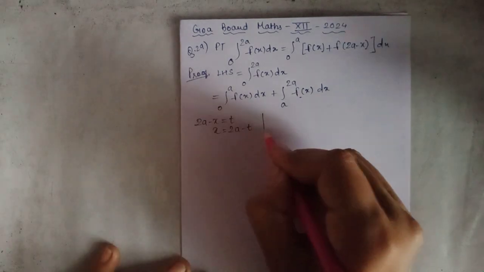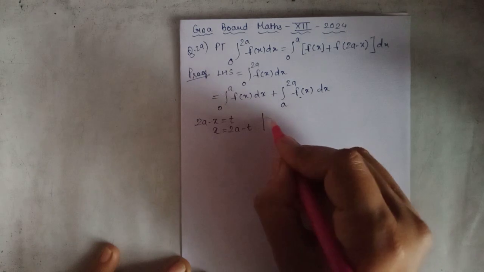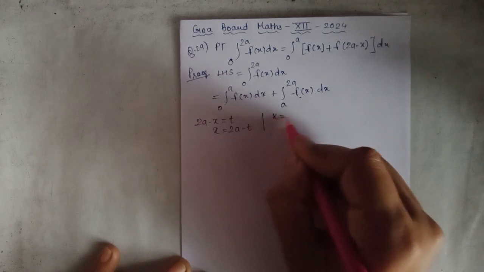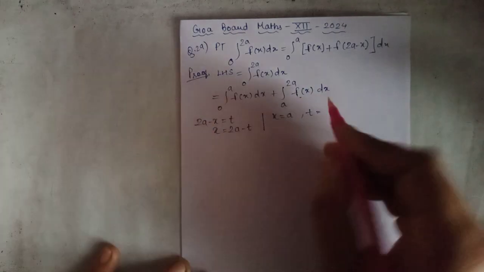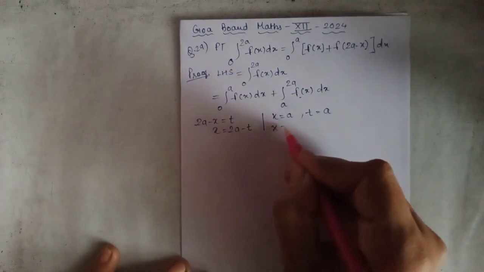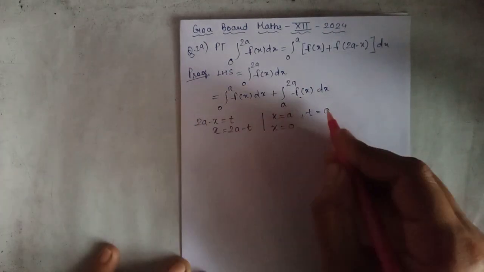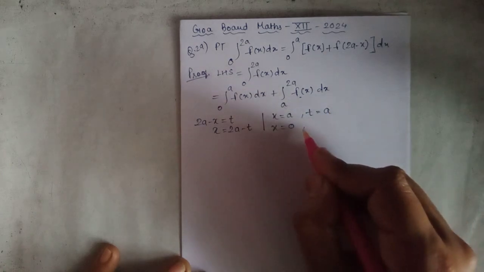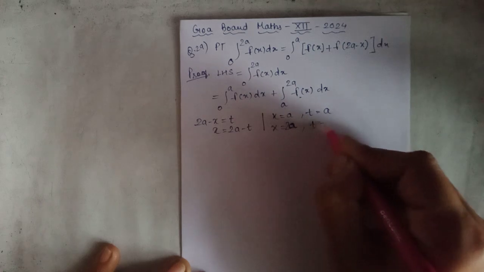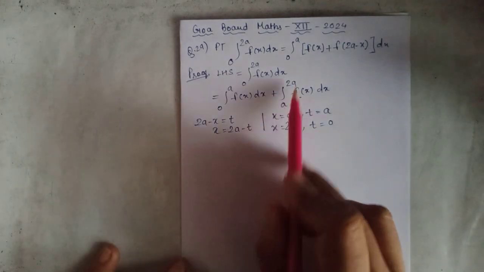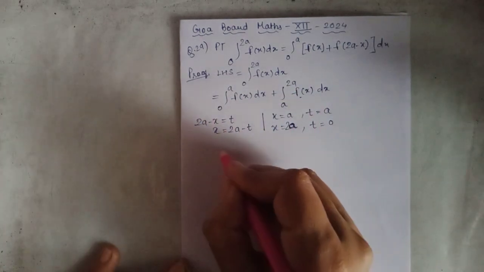When x is equal to a, we get t equal to a, and when x is equal to 2a, we get t equal to 0. So accordingly we have to change the limits.